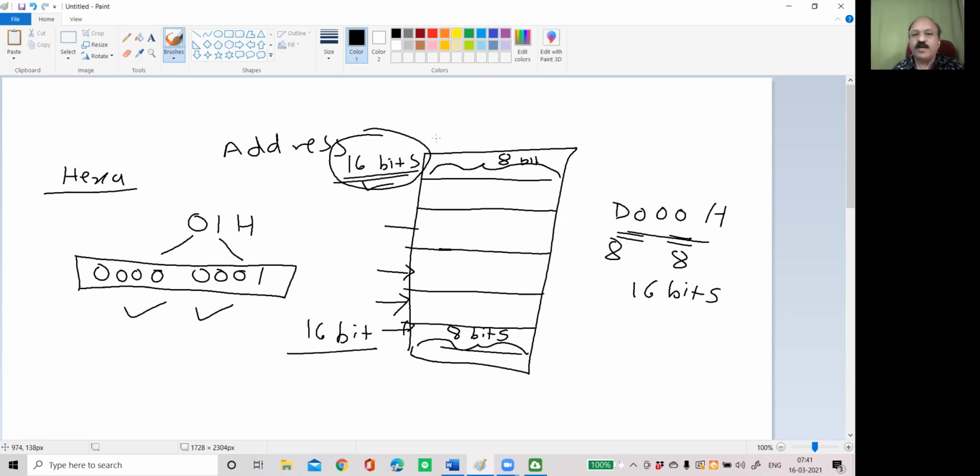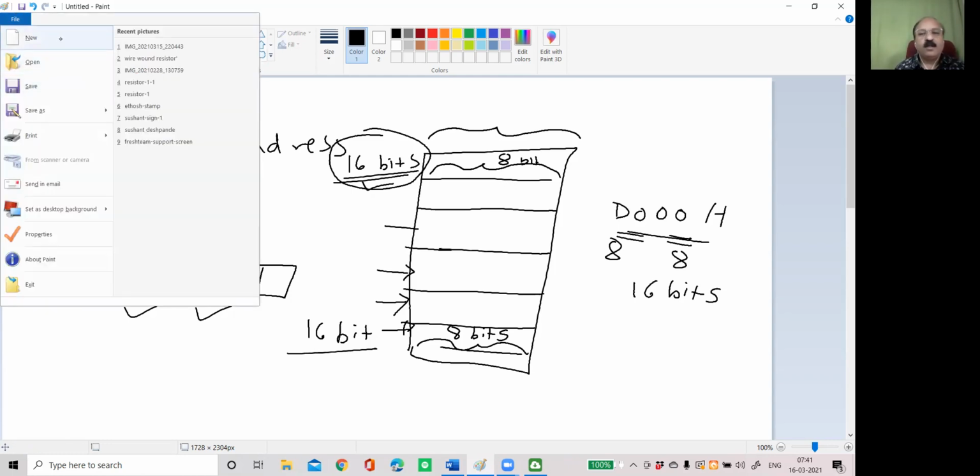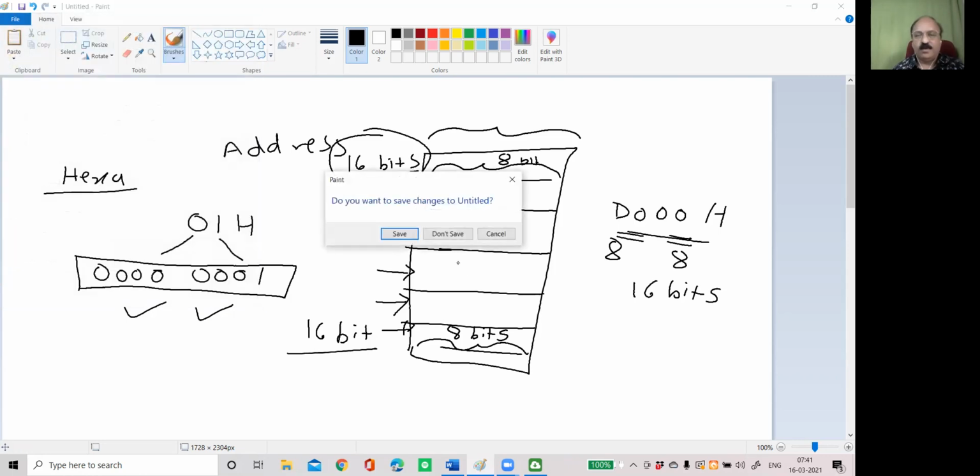The maximum width of 8085 for storing data is 8 bits. So in one memory location, how many bits will be stored? 8 bits, or 1 byte. Understood? Very good. This is a very important concept. Should we move ahead? Okay.